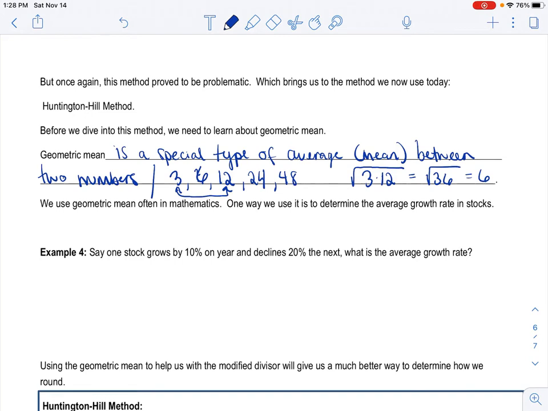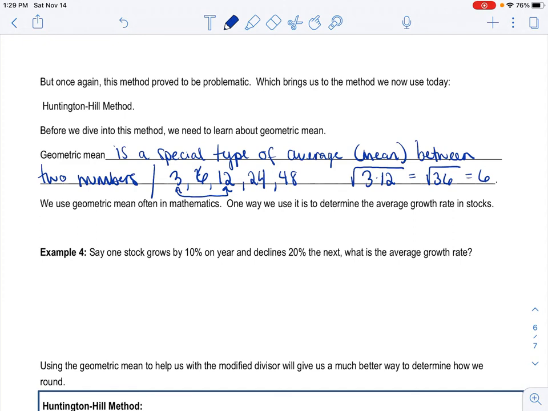We use this often in mathematics. One way we use it is for average growth rate in stocks. I am just giving you more bang for your buck here. This will never be tested, but it may help you better understand it. You would never have a question like this on your exam or on your homework.